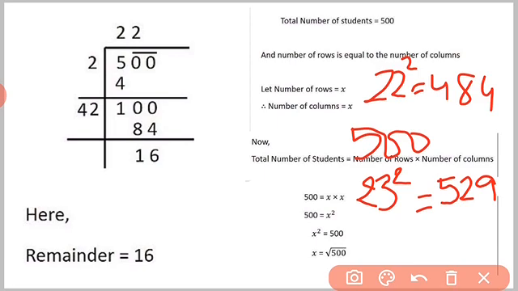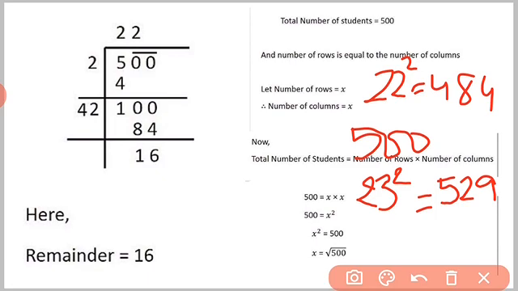And in the question we have been asked how many students will be left out from 500 to get an arrangement such that number of rows and number of columns are equal. Again, we see that 500 lies between 484 and 529.